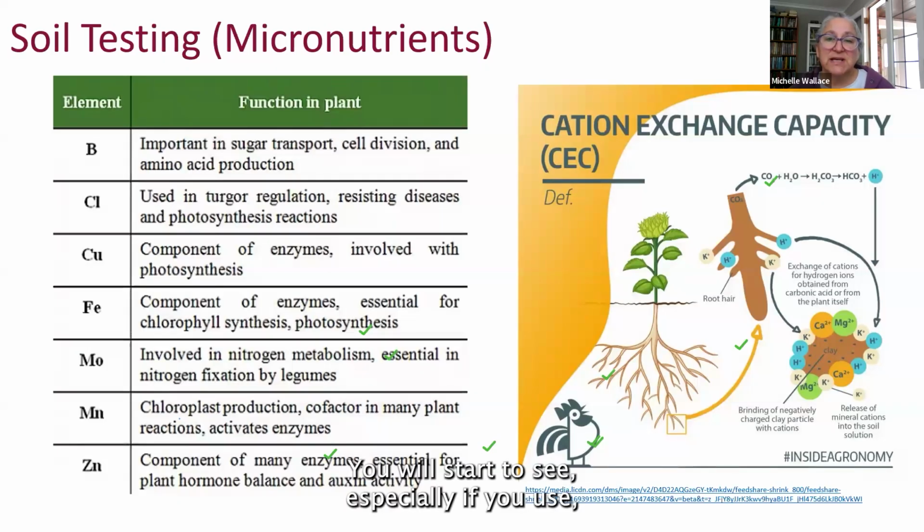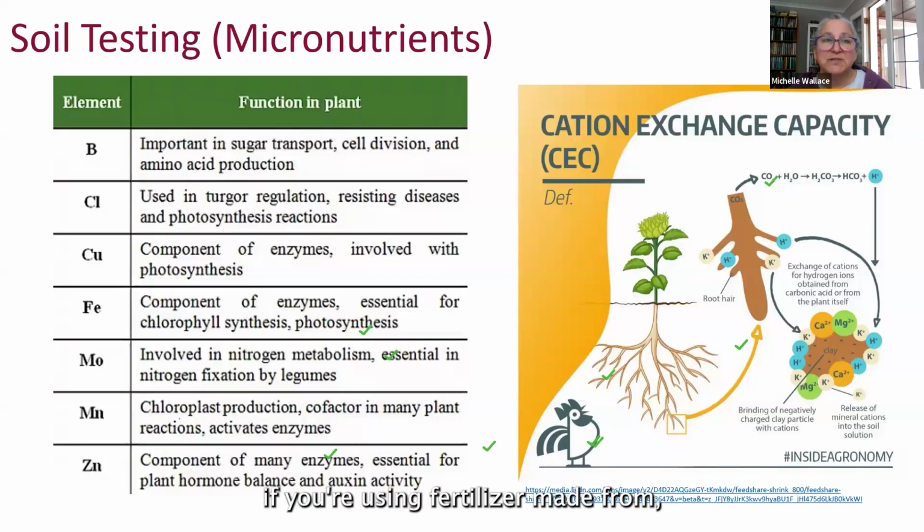You will start to see, especially if you use organic fertilizers made from animals, a buildup of metals. You'll see high calcium levels, and a buildup of copper, because what makes up the fertilizer is dependent on the food that the animals are eating.